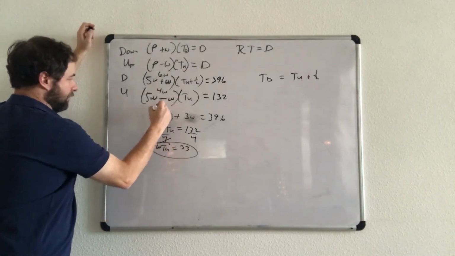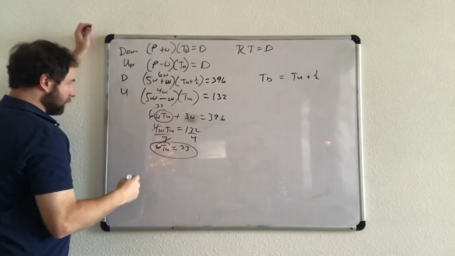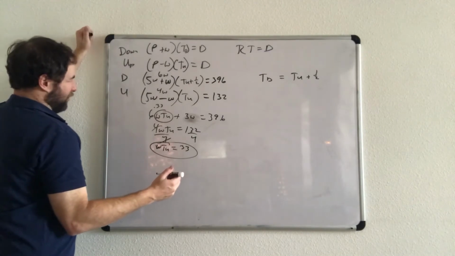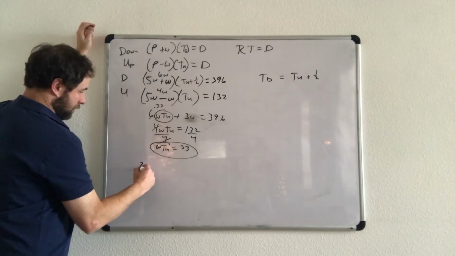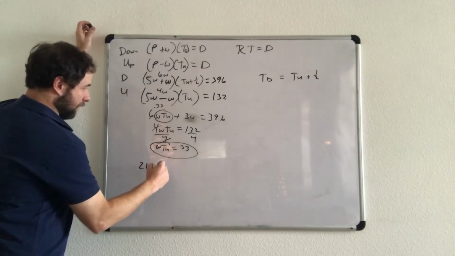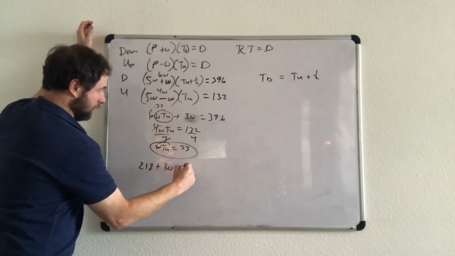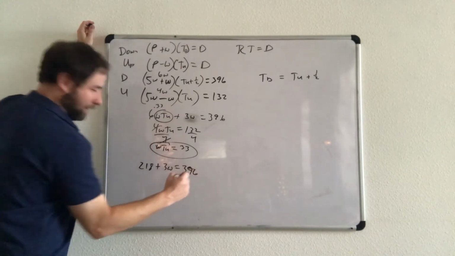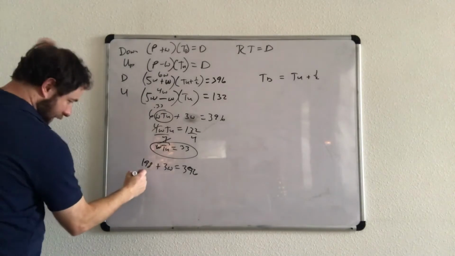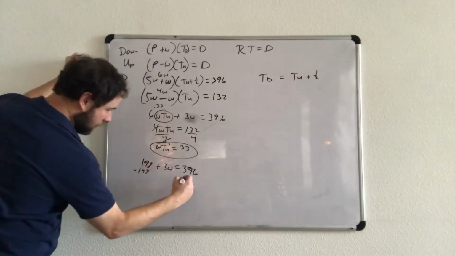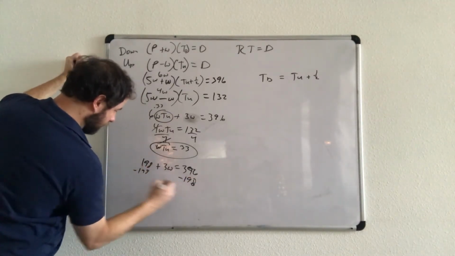So 6 times 33 gives you 198. 198 plus 3W equals 396. Then you subtract 198 from both sides.